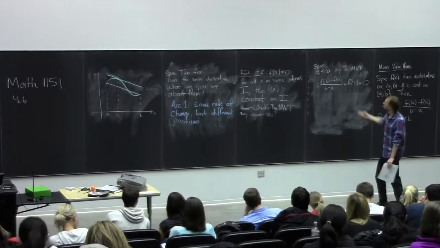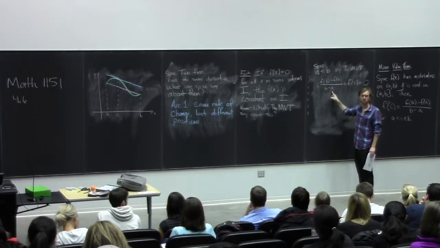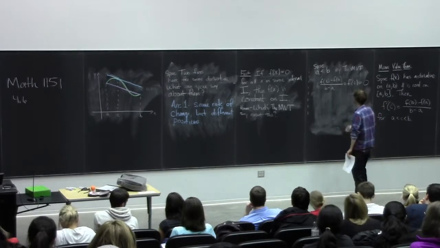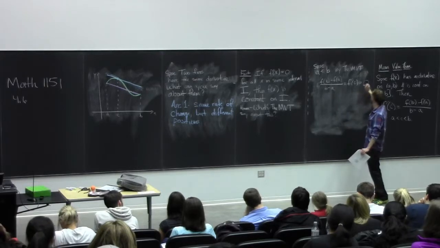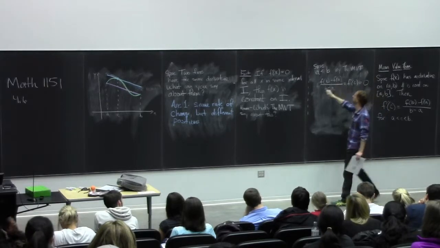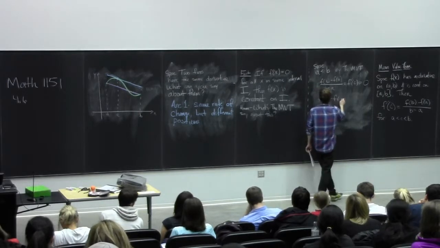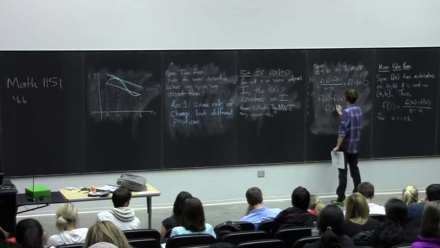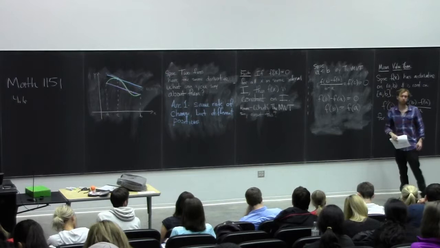Okay, fine. Since b is greater than a, b minus a is not 0, right? So I can multiply both sides by b minus a, and it gets sucked into the 0 and goes away. And now we have f of b minus f of a is equal to 0. And so then f of b equals f of a.